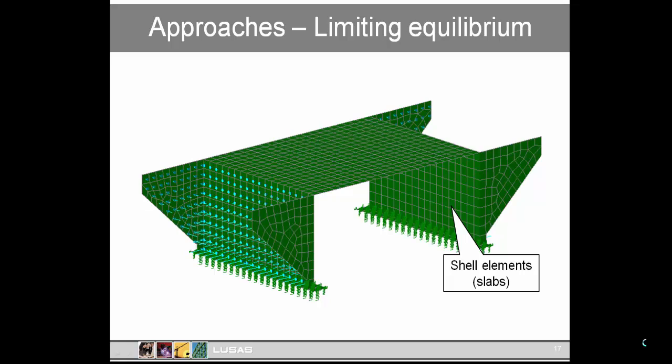But whatever way we model the structure, be it some sort of 2D plane frame perhaps, or a 3D model like this one, in a limiting equilibrium approach, the soil is represented only as a load. This is not a soil structure interaction analysis when you're using K-star. This is a way of avoiding a soil structure interaction analysis.